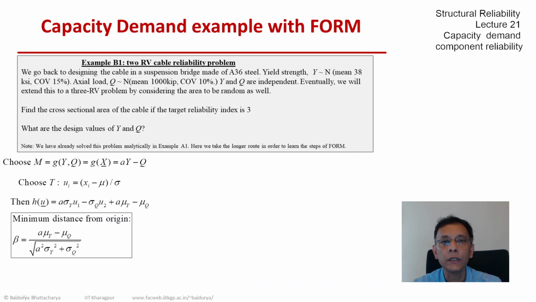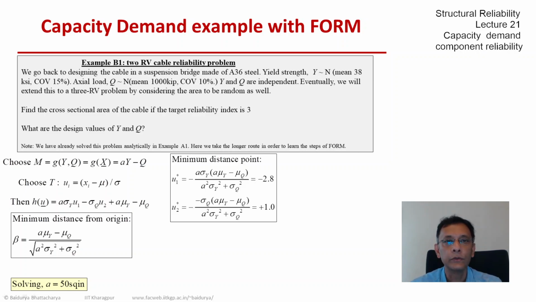The minimum distance from the origin, beta, is given in terms of the constants of the problem: the cross-sectional area, the means of the random variables, and the variances of the random variables. It's also required that beta is equal to 3. If you solve it, the answer comes to A as 50 square inch.